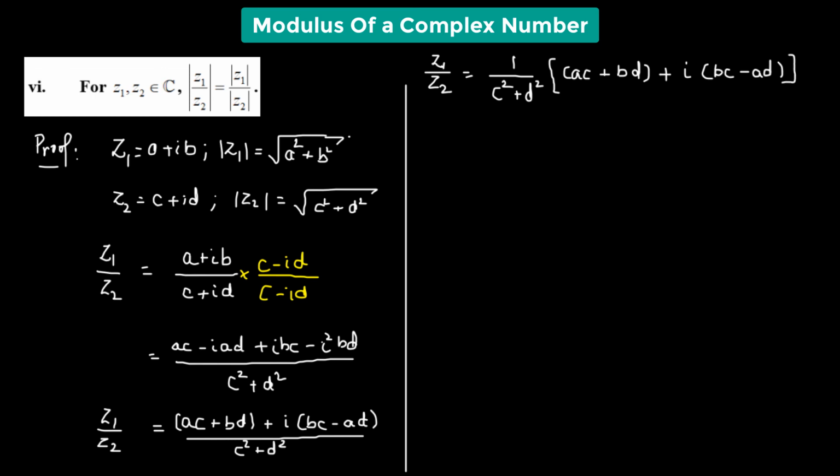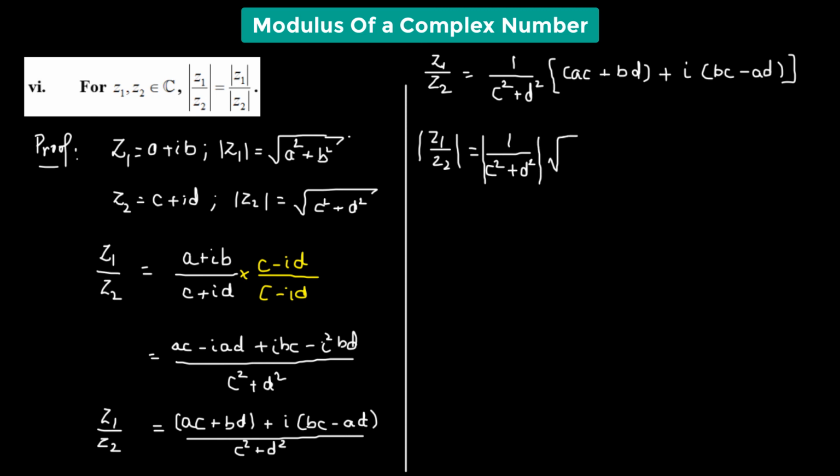Now we'll try to find the absolute value of z1 over z2. The absolute value of 1 over c squared plus d squared is simply 1 over c squared plus d squared, because that is a real number, and the absolute value of a real number is the real number itself.